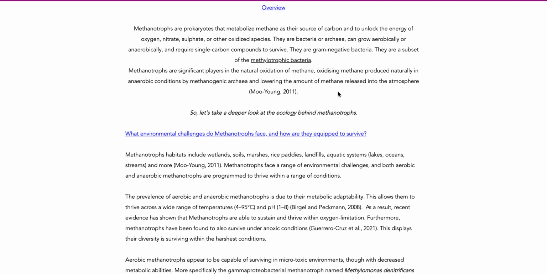Of course, they use different mechanisms or different ways to metabolize methane. Of course, different intermediates, different pathways, even sometimes different ways of respiring.